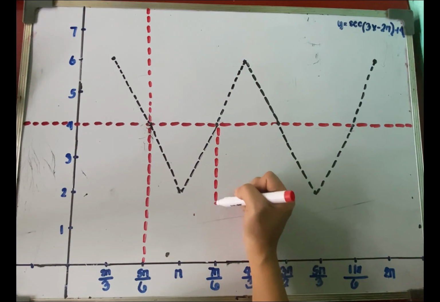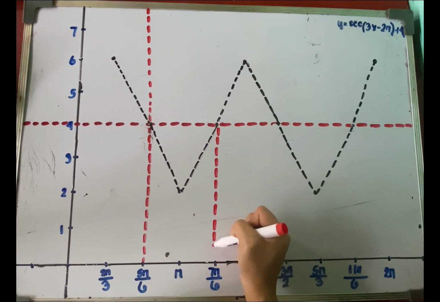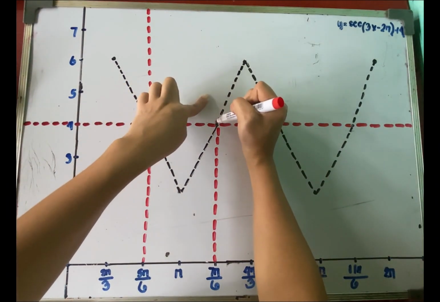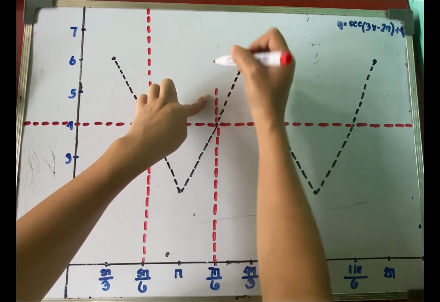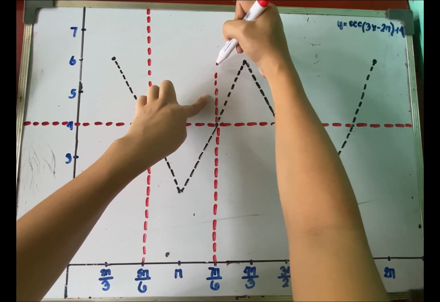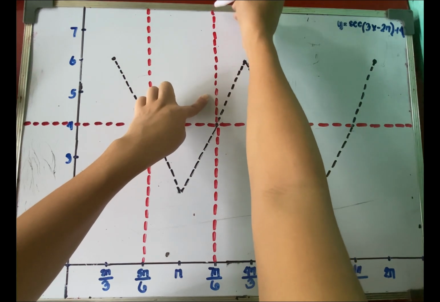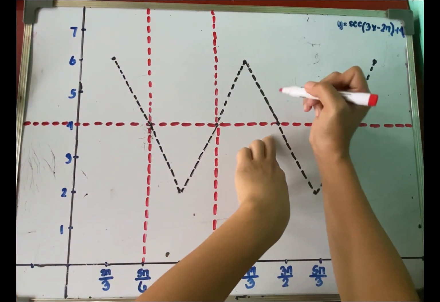Carefully do the broken lines. These broken lines stand as our boundaries later when we do the graphing of secant, or when we do the U-shaped branches.